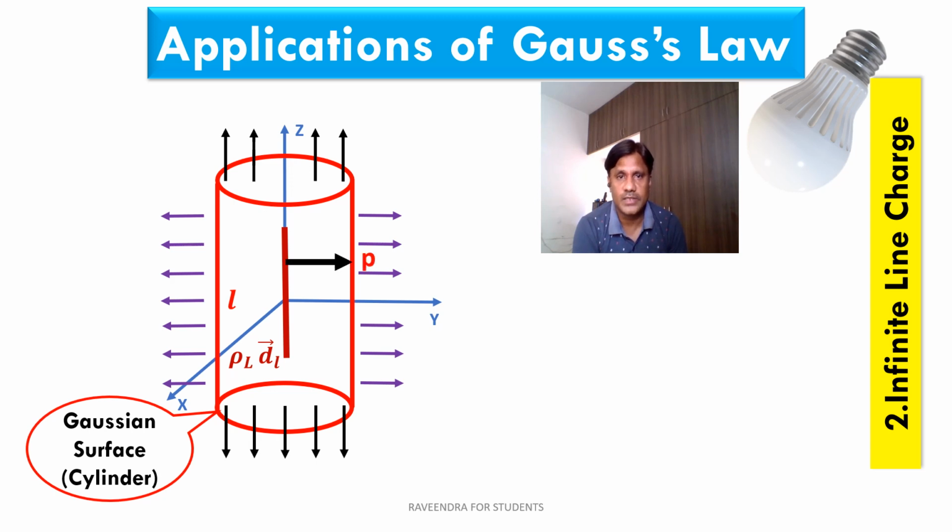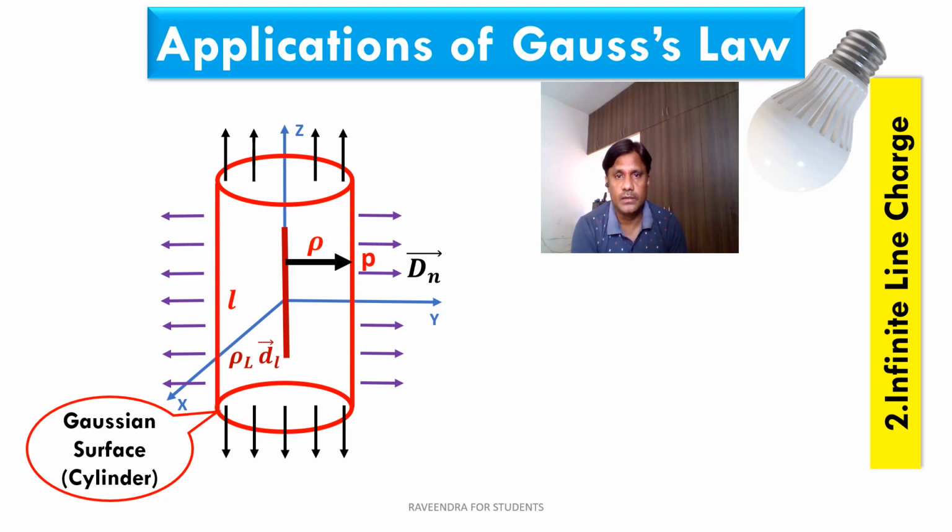Suppose you consider a point P on the cylinder, at a distance of rho from the infinite line charge. At this point P, we have to find the D bar by applying Gauss law. Before that, how will this D bar be?